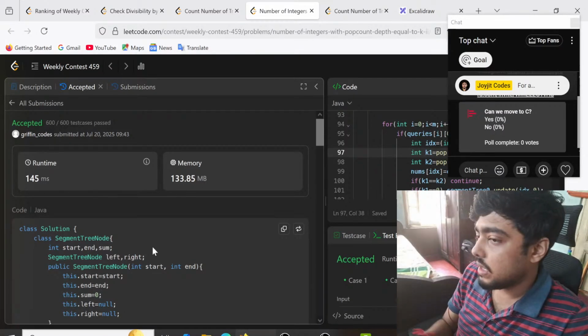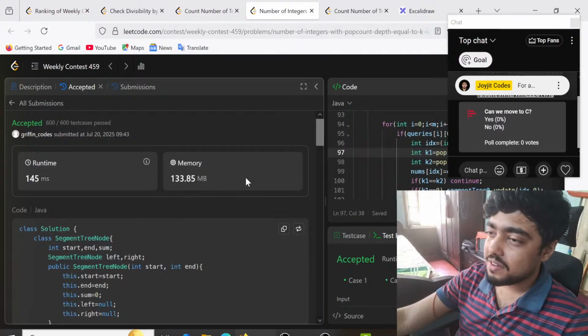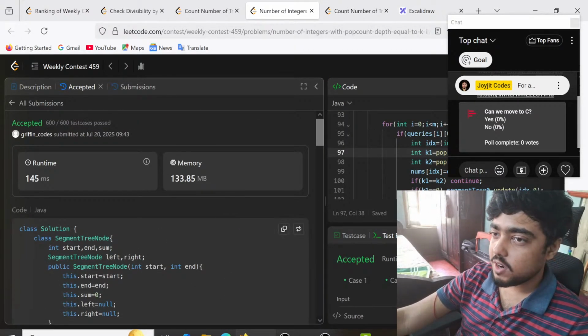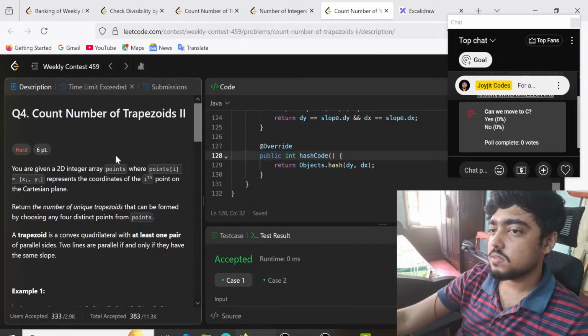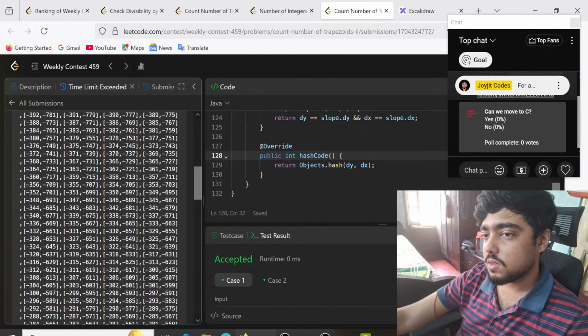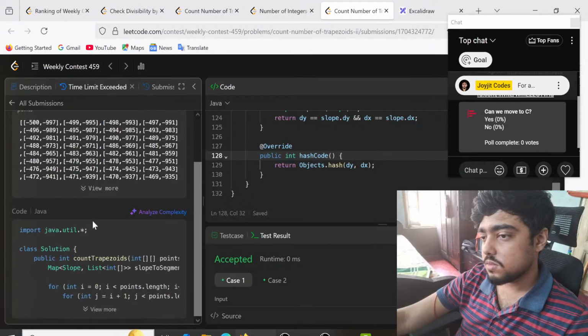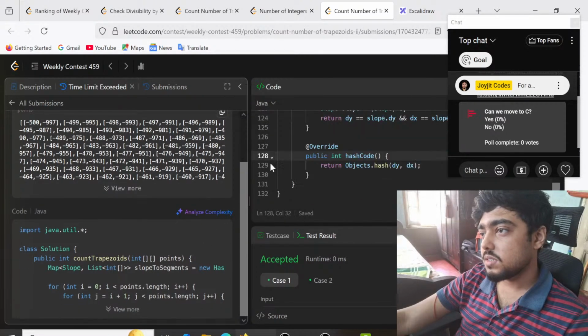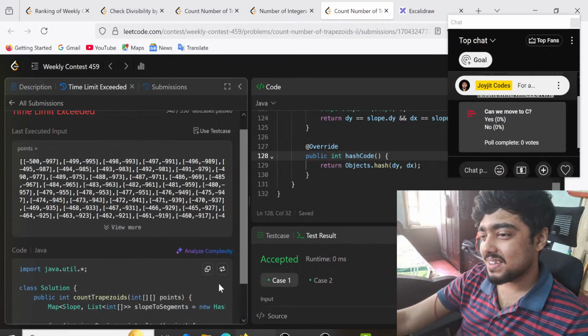Oh man, you guys can be more responsive. Yeah, interactive. You could be a little more interactive, man. What is there to explain now, this was already a TLE in this. Is this using Gemini? Submission length exceeds limit.